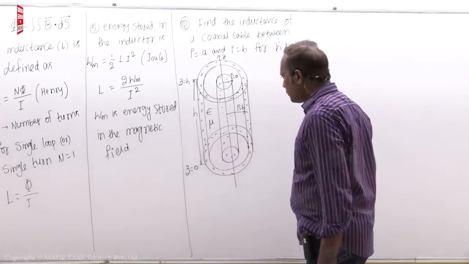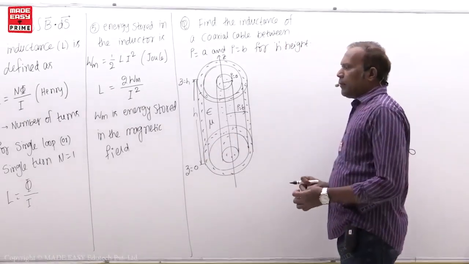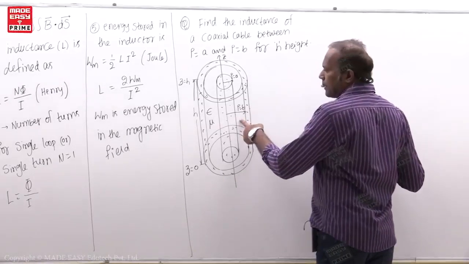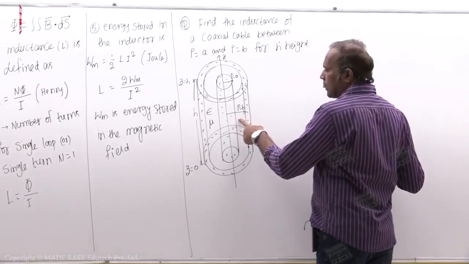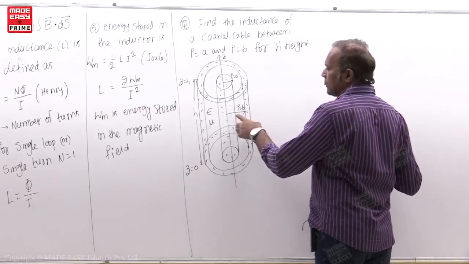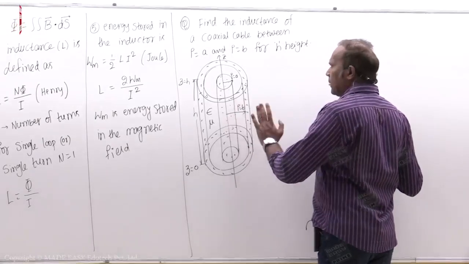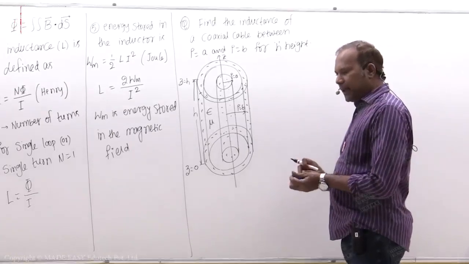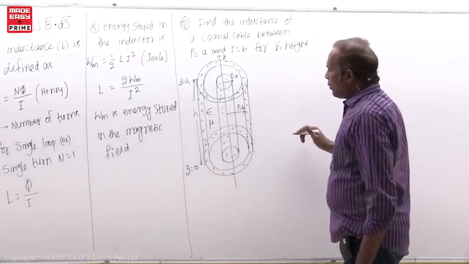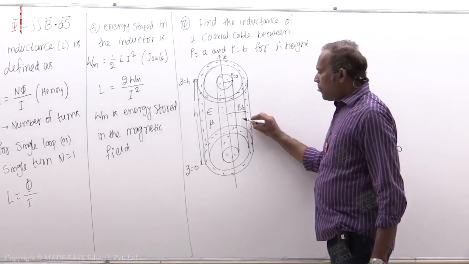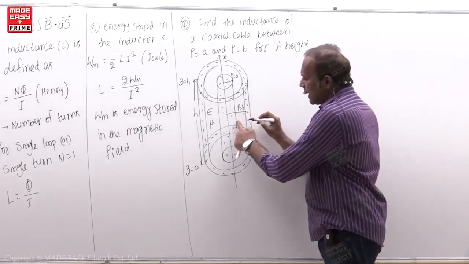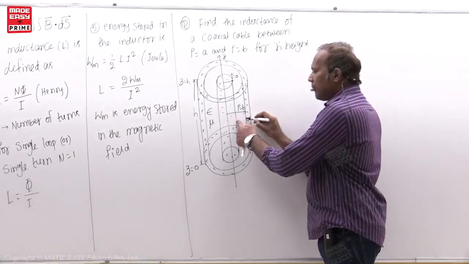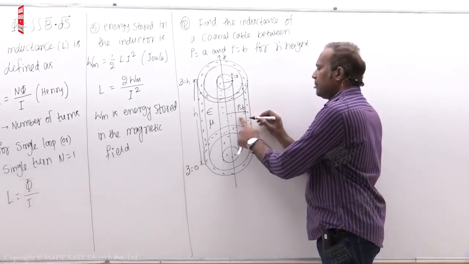That means you are finding the inductance outside the inner conductor, that is also called external inductance of the inner conductor. Once again I am repeating, if you want to find the inductance of the medium present between rho is equal to A radius and rho is equal to B radius, then you have to write the magnetic field intensity in that medium.